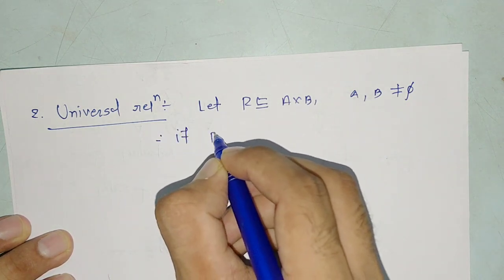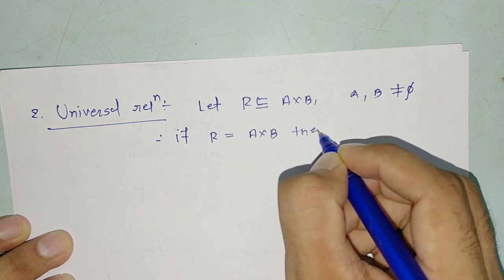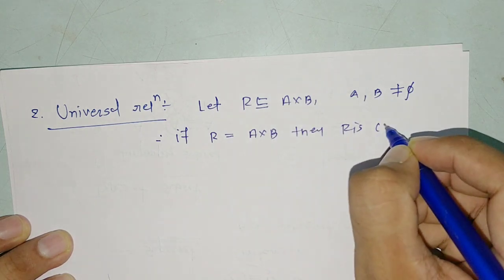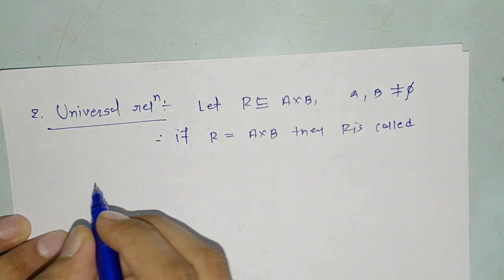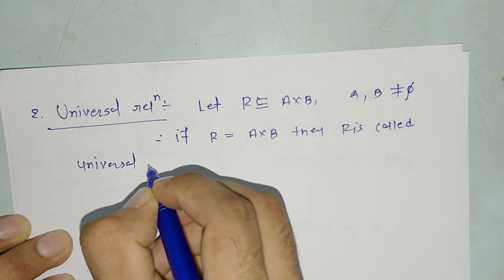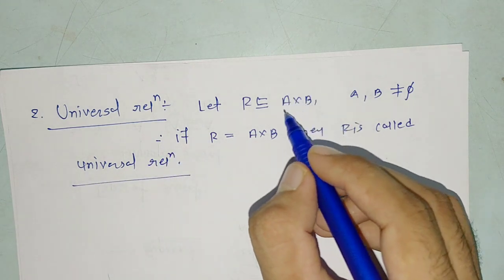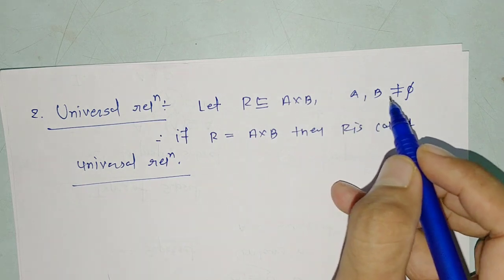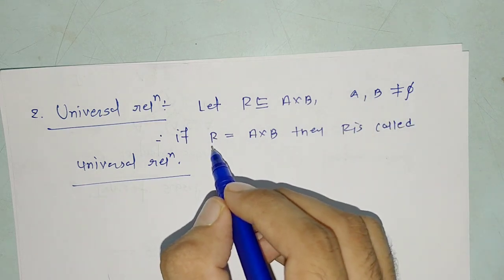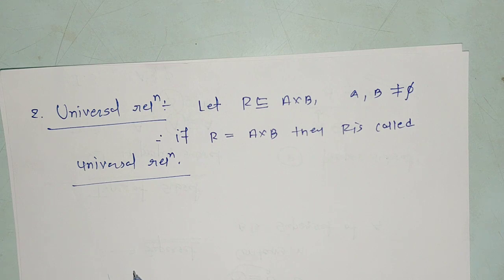If R equals A cross B, then R is called a universal relation. It means that A cross B is the Cartesian product of A and B. If my R is the whole set A cross B, then R is called a universal relation.